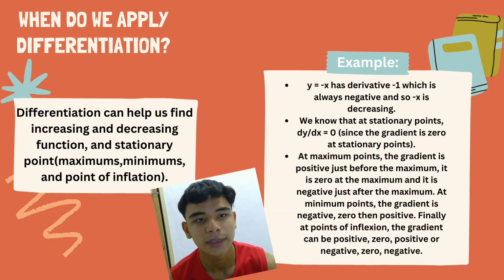At minimum points, the gradient is negative, 0, then positive. Finally, at points of inflection, the gradient can be positive, 0, positive, or negative, 0, negative.